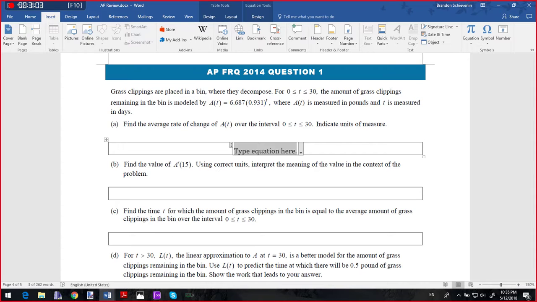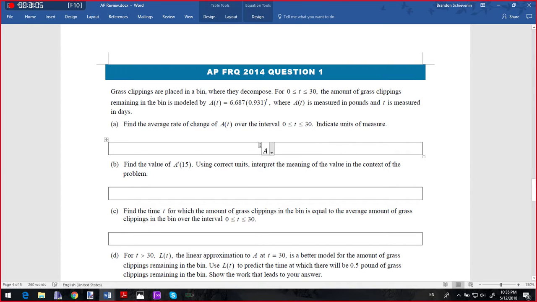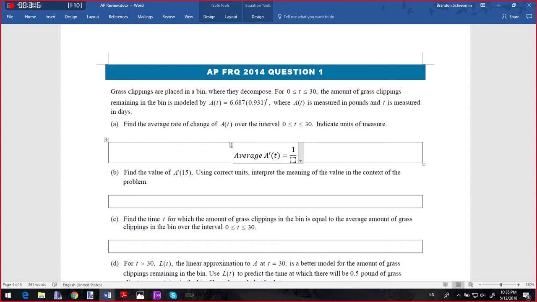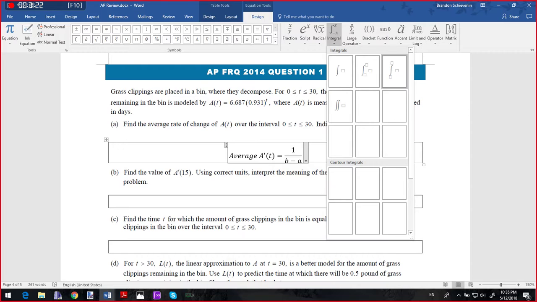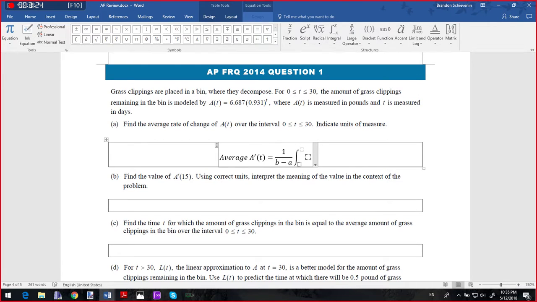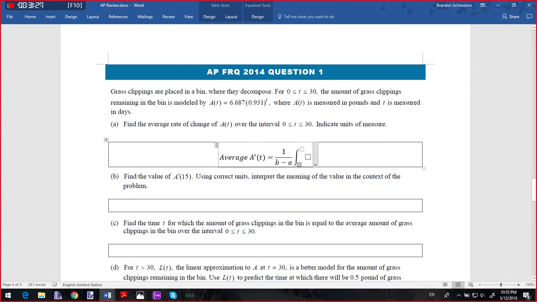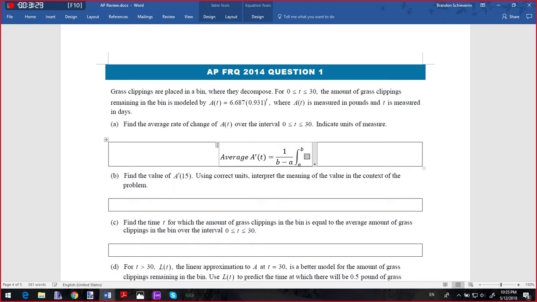So you said my average A prime of t, so my average slope, would be what happens if I use average value theorem on the derivative. So that would be 1 over b minus a times the integral from a to b of my derivative, so that's A prime of t dt.